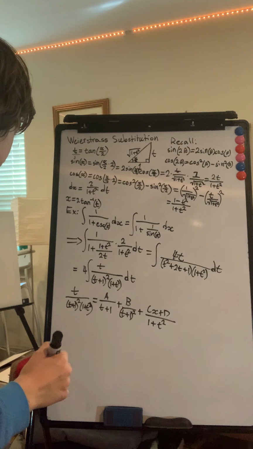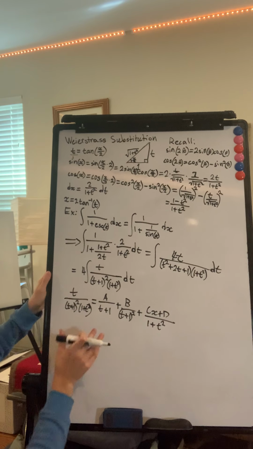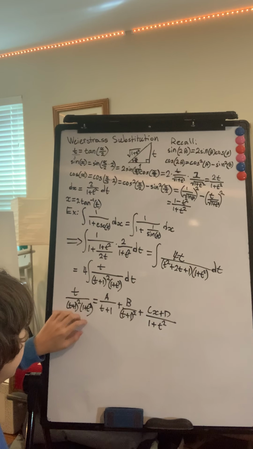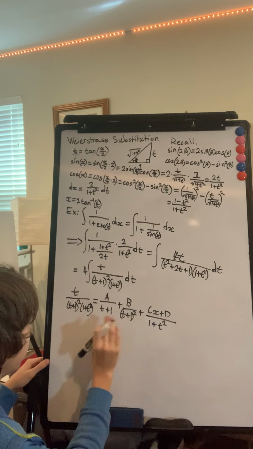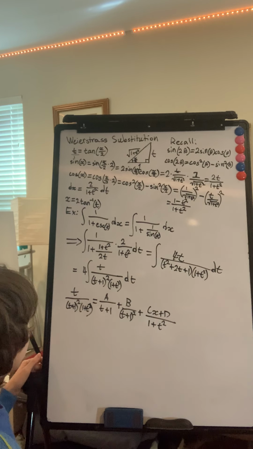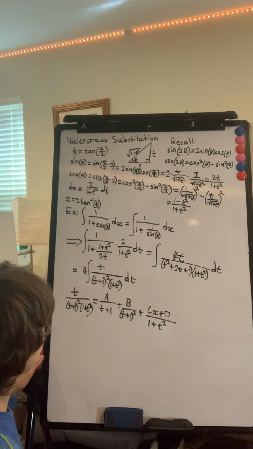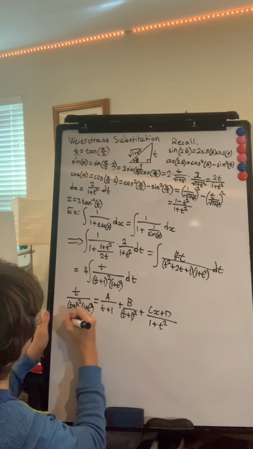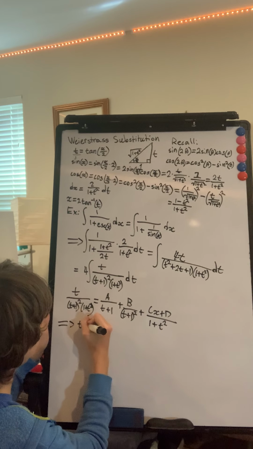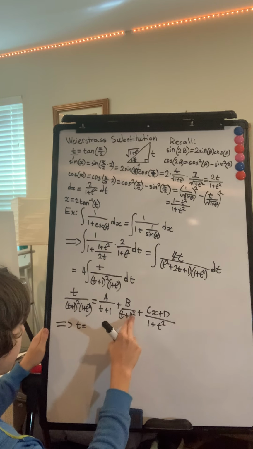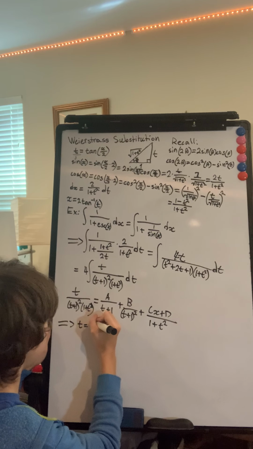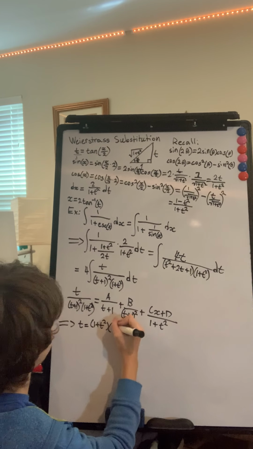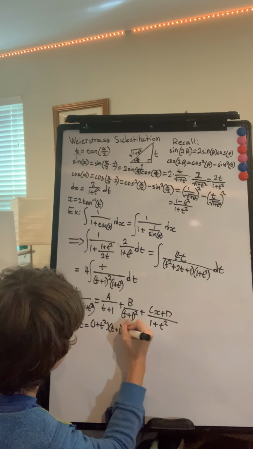So if we multiply everything by the common denominator, which is (t plus 1) squared times (1 plus t squared), we can extrapolate that t must equal: a factor of (1 plus t squared) times (t plus 1) times a.